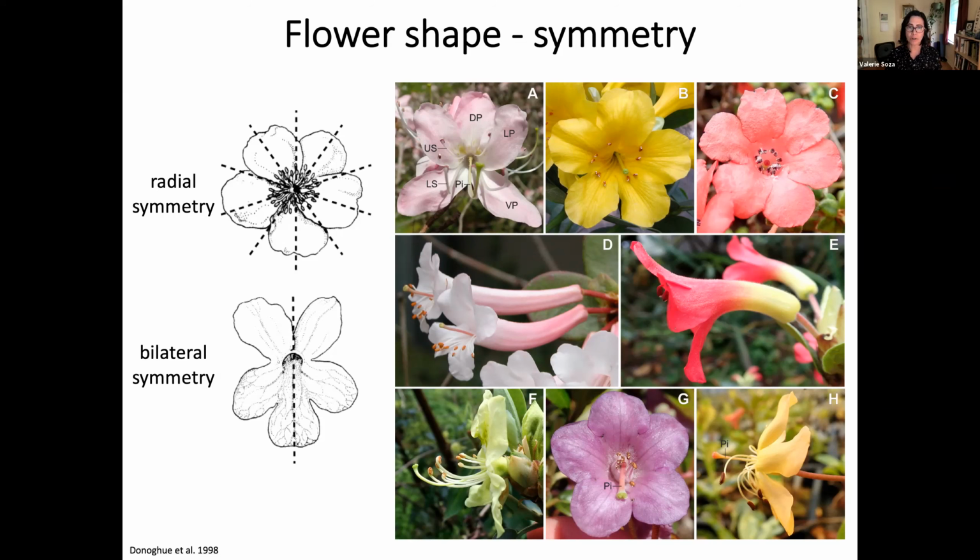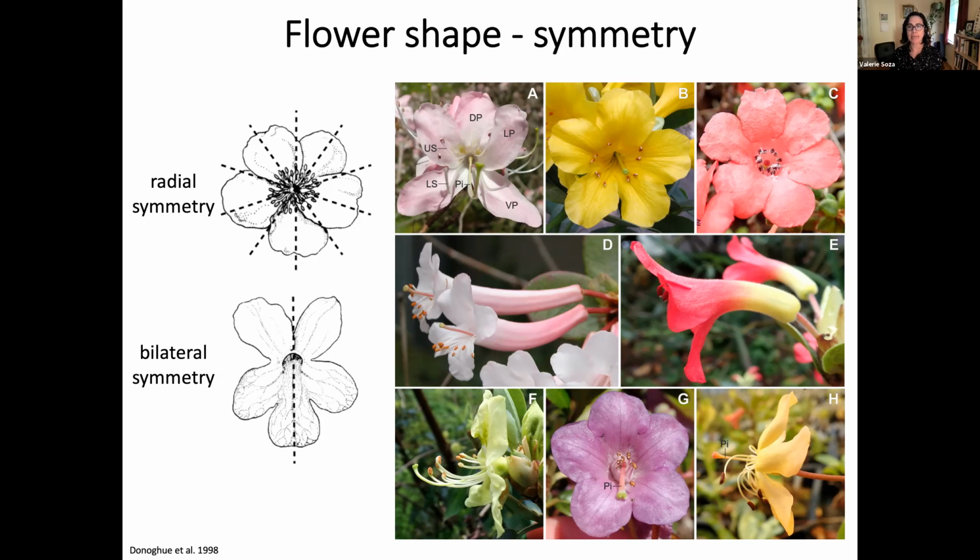So you could draw multiple planes where the flower is symmetrical on either side of those. And not only does the corolla contribute to symmetry differences, but also in rhododendron, I think a really cool thing about it is that the stamens and the style also contribute to symmetry differences. And here's an example in F where the upper stamens are shorter than the longer stamens. In addition, there's curvature to the stamens and the style. So this creates a form of bilateral symmetry in rhododendrons.